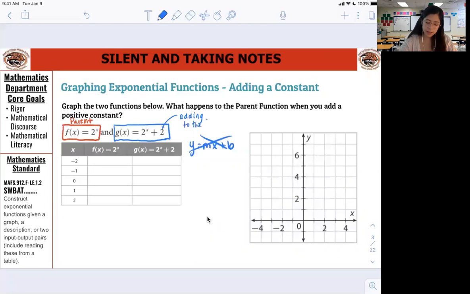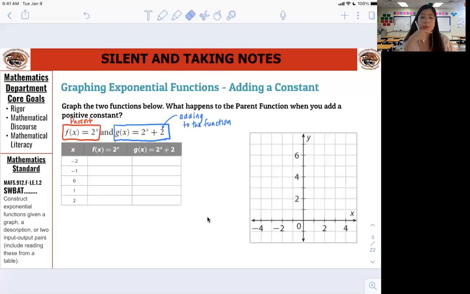What do you guys think is going to happen when we add a number to the end of the function? Let's just throw out some possibilities. Oh, wait, is it going to be doubling? Wait, no, it's a linear function. But remember, it's not. I know it looks like one, but we still have an exponent, don't we?